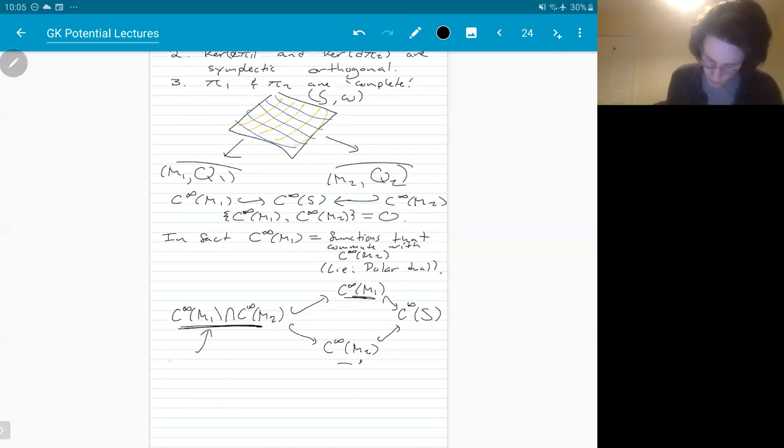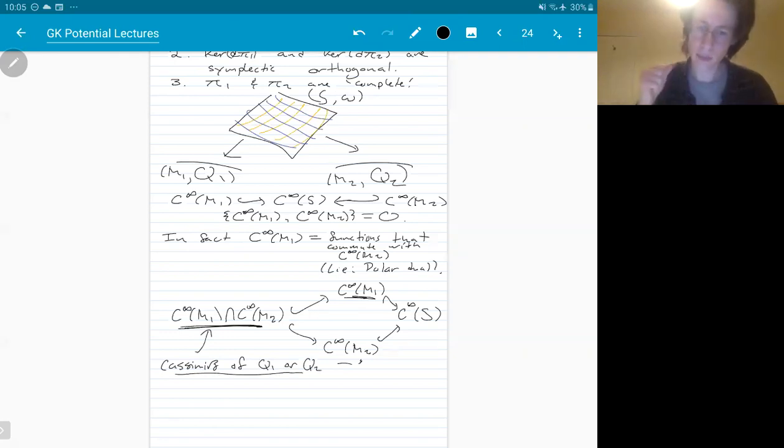So these are the Casimirs of either Q1 or Q2. The Casimir functions on a Poisson manifold are the functions that, if you bracket them with anything, give you 0. The way you should think about them is that they are the functions on the space of symplectic leaves.